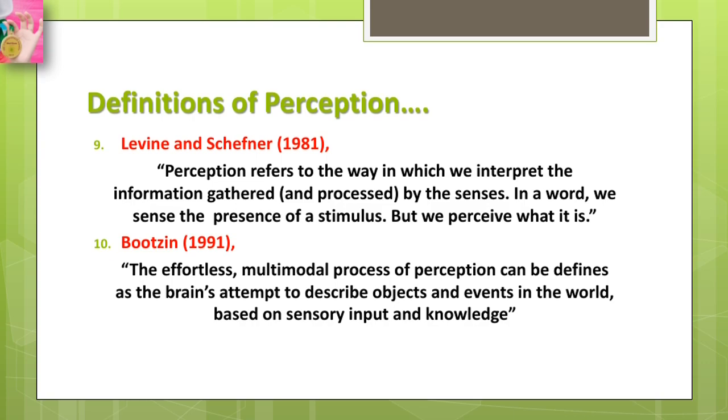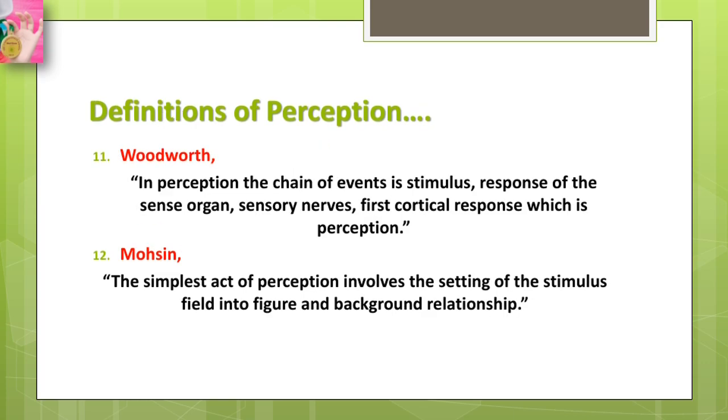Then Woodworth in 1991, according to him, the effortless multimodal process of perception can be defined as the brain's attempt to describe objects and events in the world based on sensory input and knowledge.